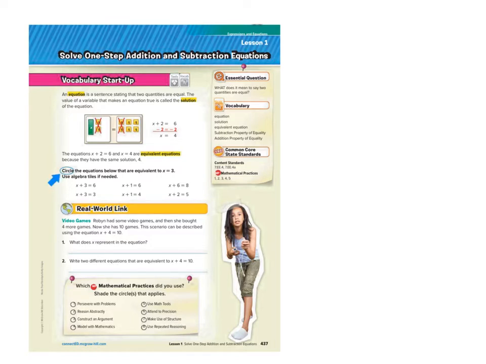All right, let's go down here at this set of problems. It says circle the equations below that are equivalent to x equals 3. Let's start with this one here, and we'll write it out. X plus 3 equals 6. Well, in order to isolate that variable, we have to get rid of the 3. Get rid of means we're taking away, we're subtracting. And we see subtraction as the inverse operation of addition.